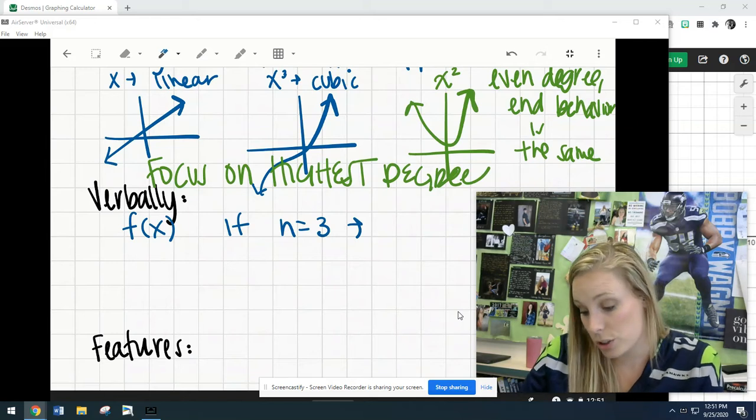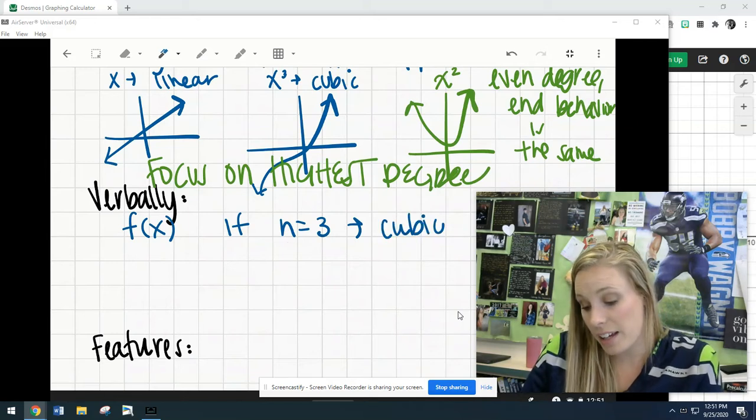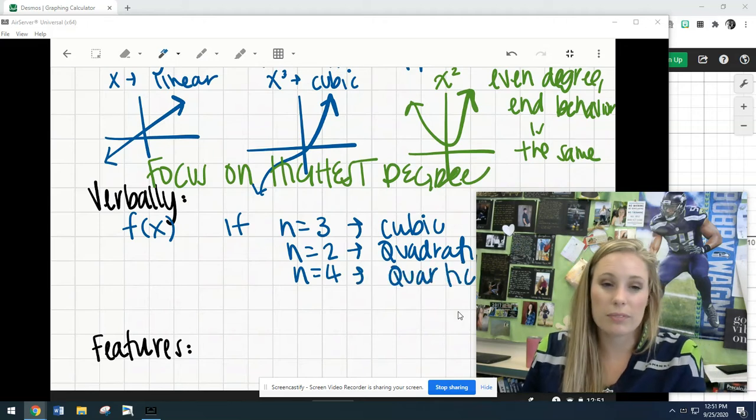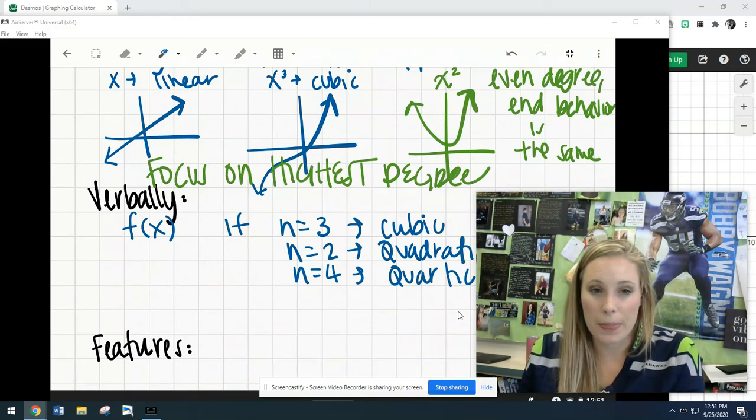If your highest degree is 3, then you'd call it a cubic polynomial. If n is 2, you'd call it a quadratic. If n is 4, you would call it a quartic. And you can go on forever. But you're really specifically looking at your highest degree.